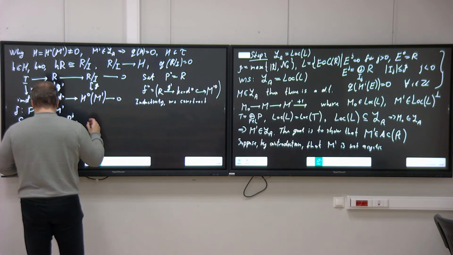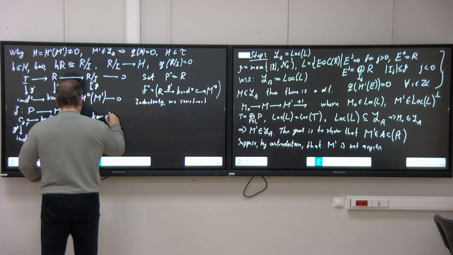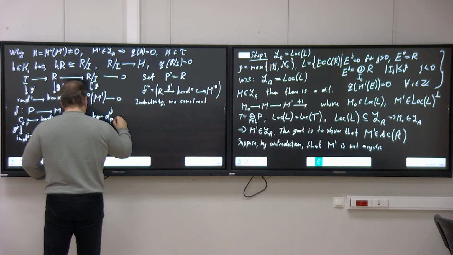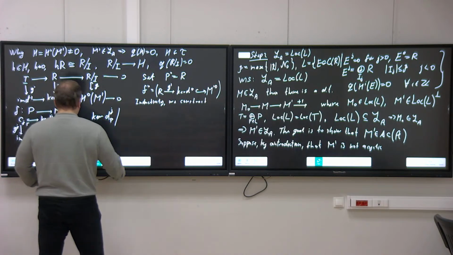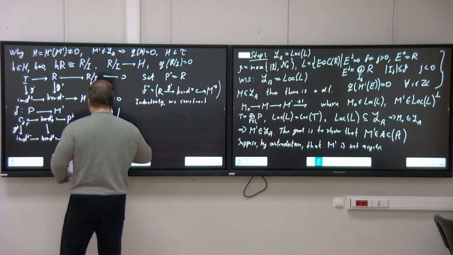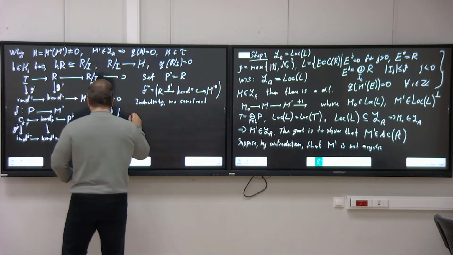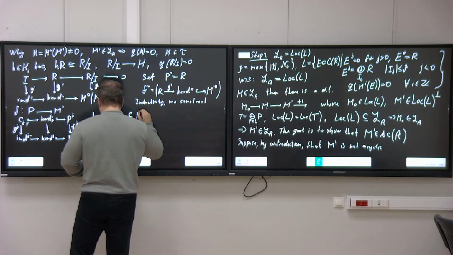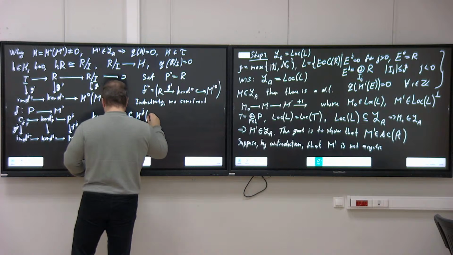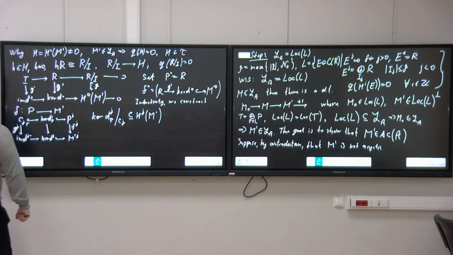Okay, so we can notice that if we take the kernel of the differential on the complex P with the index j and take a quotient by the Cj that we just constructed, this will be something inside the cohomology with the index j of the complex M prime, which more or less follows from the definition of the Cj.